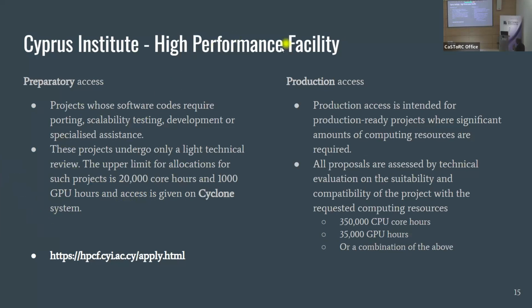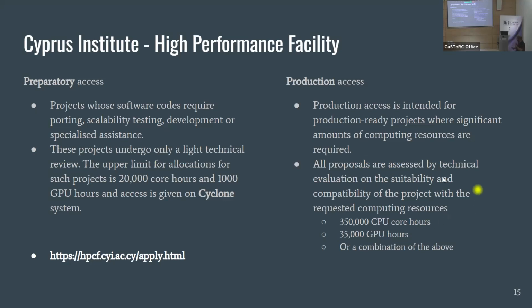There's also the production access route. That's intended for when you have your code, everything is ready, it's production ready basically, and you just need a lot of processing power to finish your project. This opens, I think, twice per year, Yanni. Production access. Yeah, they're open twice per year.